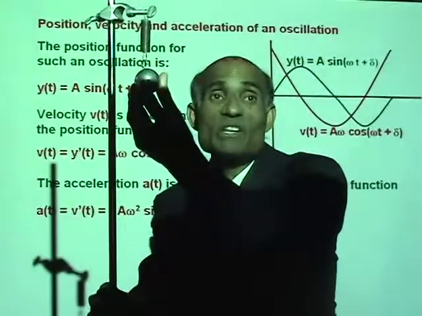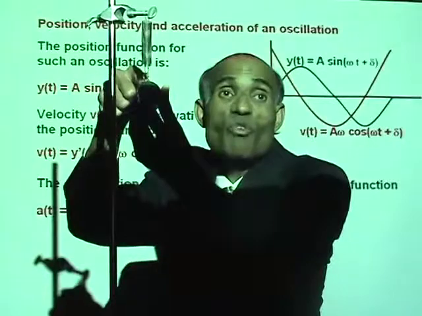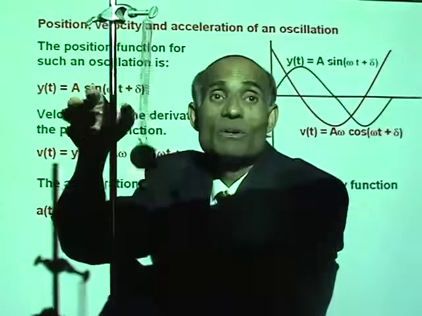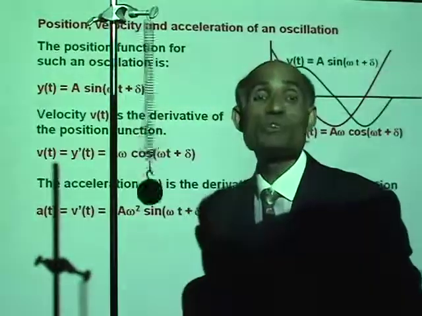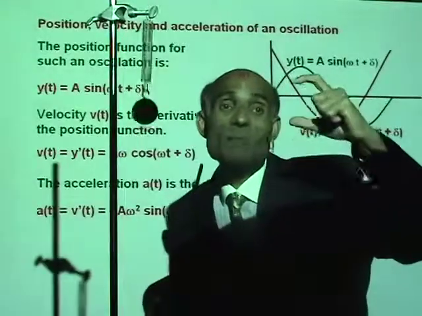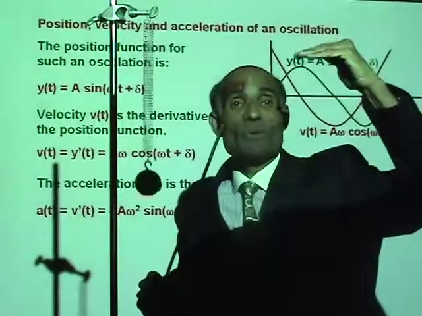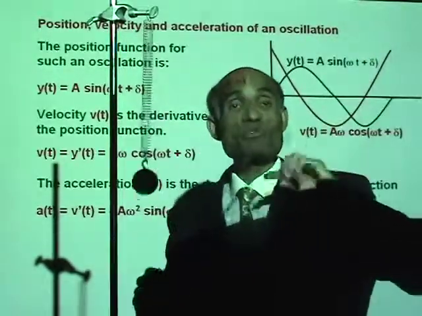When the object is at the upper extreme, the spring is completely compressed. That means the force is maximum now. So, when does the acceleration become maximum? Acceleration becomes maximum when the displacements are maximum, or at the two extremes.